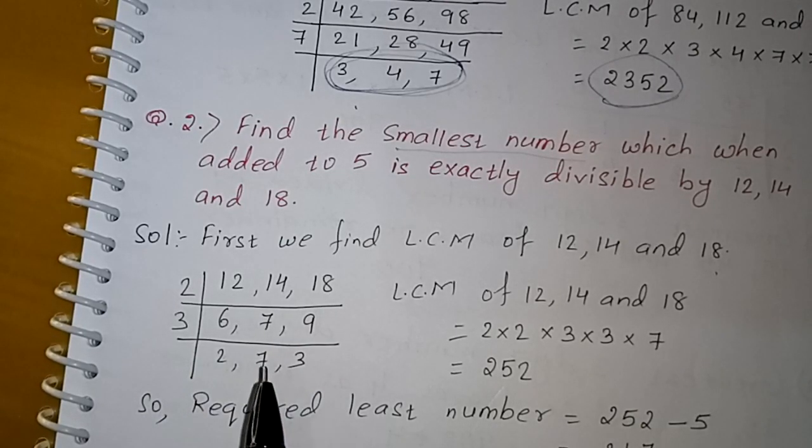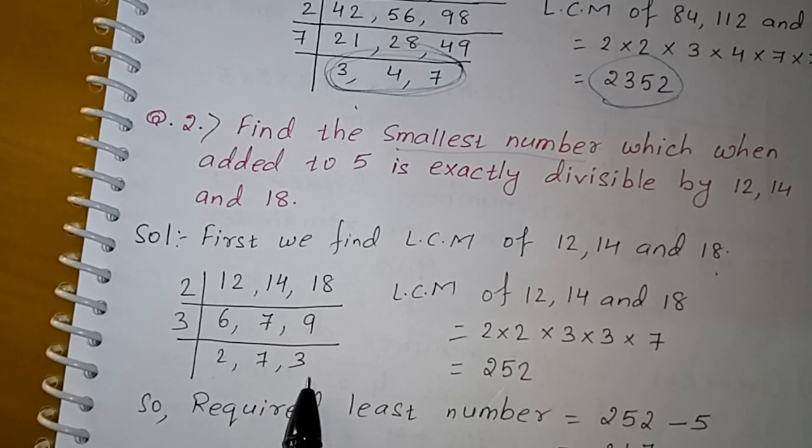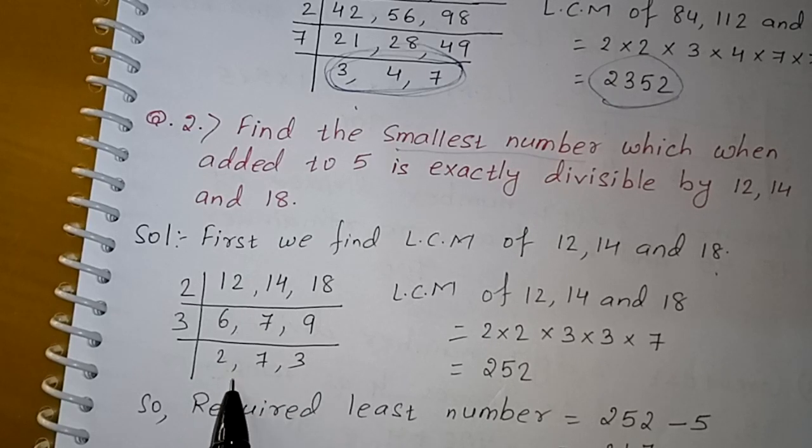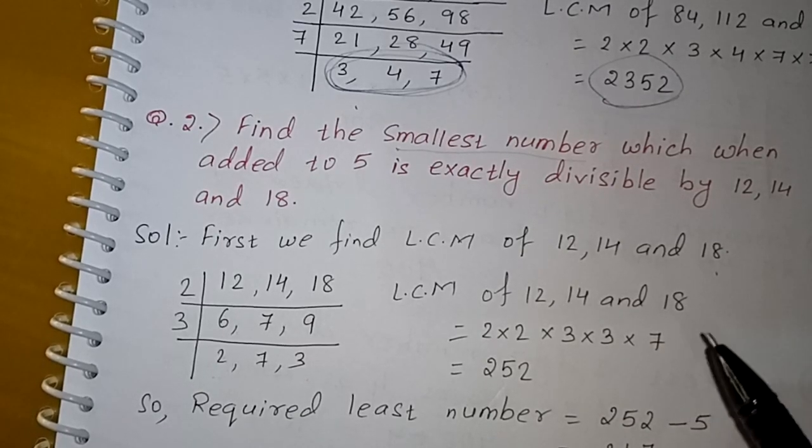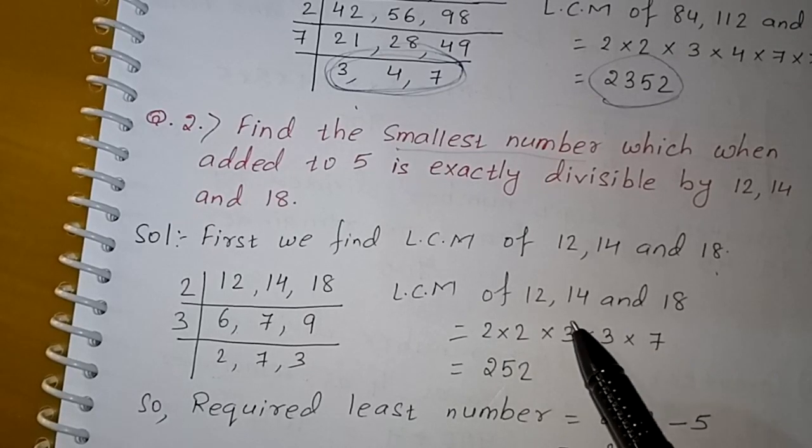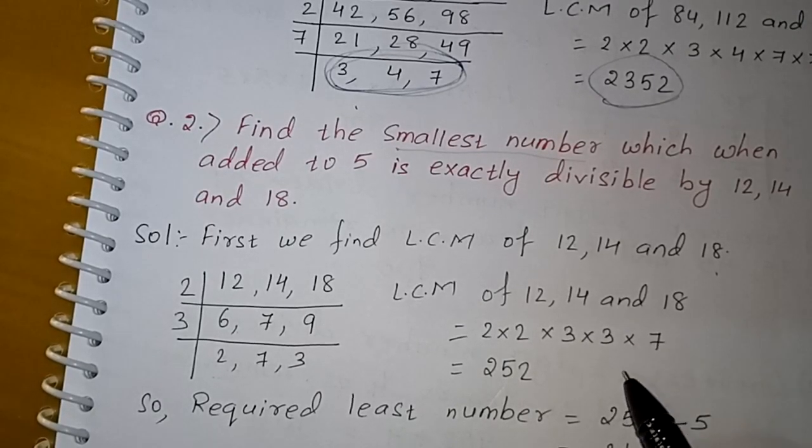Now at last, which type of numbers do you have to keep? See, 2, 7, 3. In this 2, 7, 3, there is no common factor except 1. Like that, numbers only you can keep down. Now LCM of 12, 14 and 18 is equal to what?